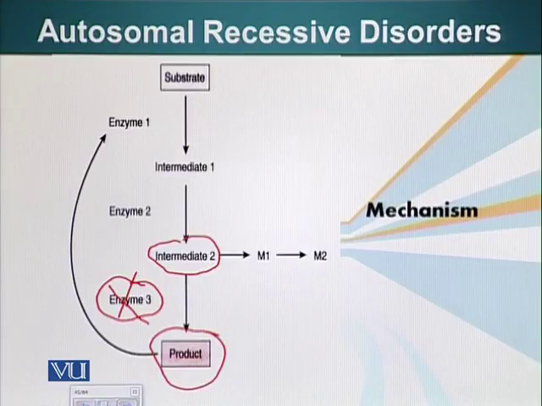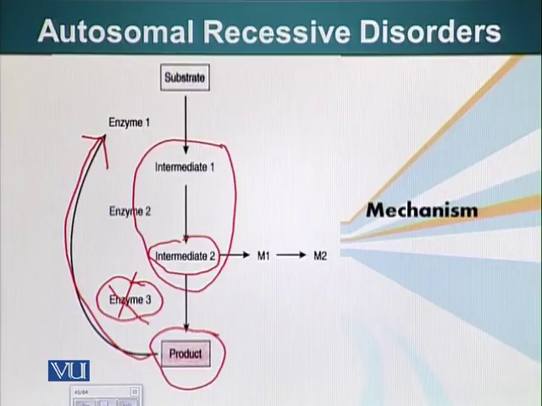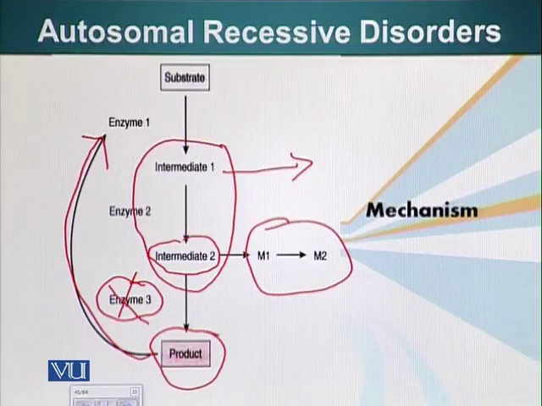The other reason why enzyme mutations can cause disease is, please note that this product is basically inhibiting enzyme number 1. This is the commitment step in this process. Once enzyme 1 converts substrate into intermediate 1, this process has to follow. Because if this doesn't follow, the intermediates 1 and 2 can go to side metabolic pathways and result in toxic byproducts.